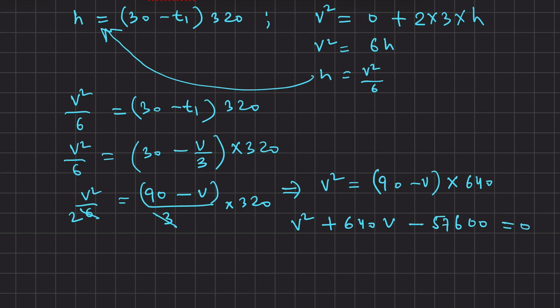If we solve this quadratic, we will get the answer. And for you, if you solve this, the answer would be 80 meter per second. So this would be the answer for us.